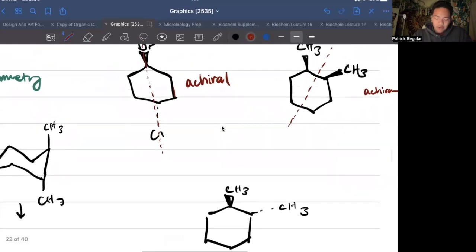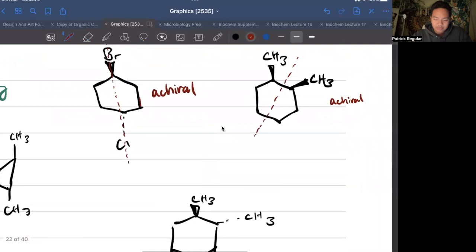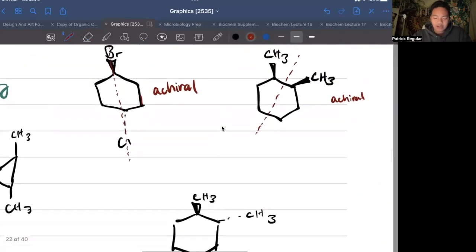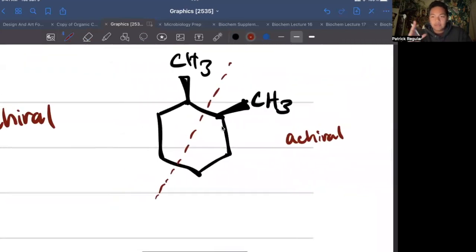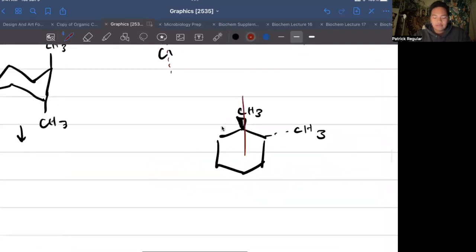Oh, wait, no, here's another example. Internal line of symmetry right here, so this is achiral. This one, same reason. Down here, no line of symmetry. Here, that's not a line of symmetry. Here, the same route we went up there. Nah, this is pointing away. This is pointing towards you.